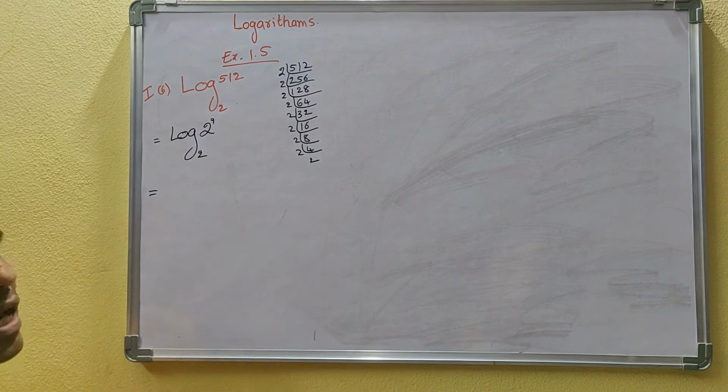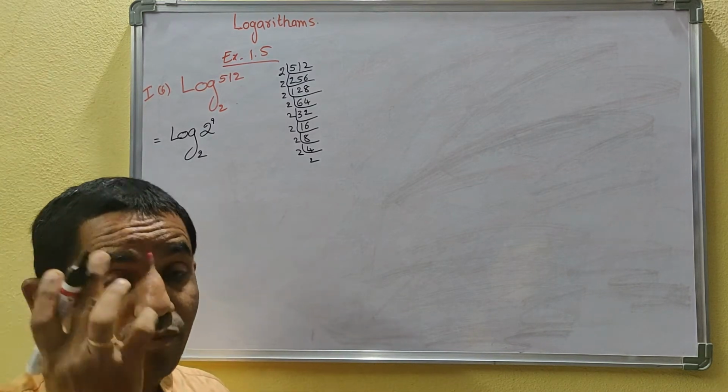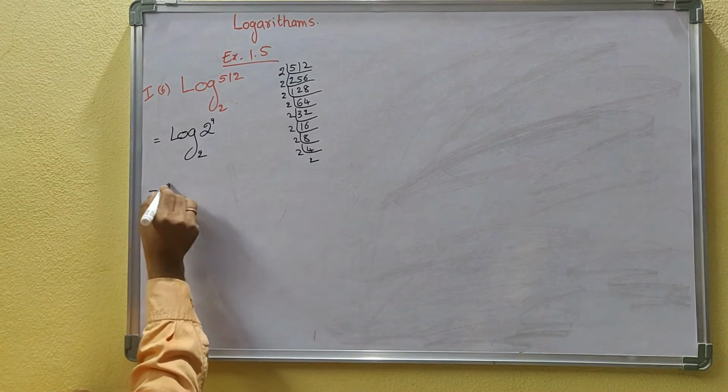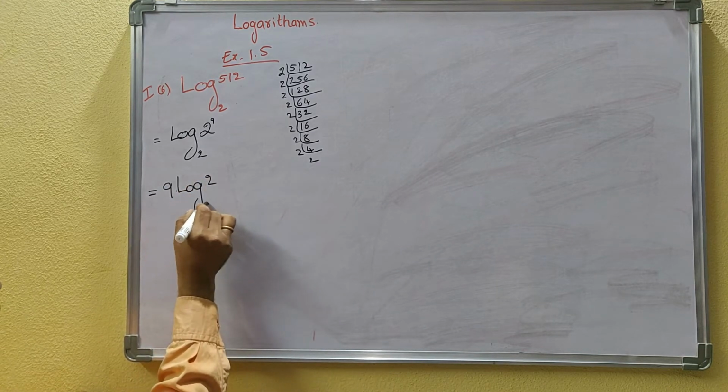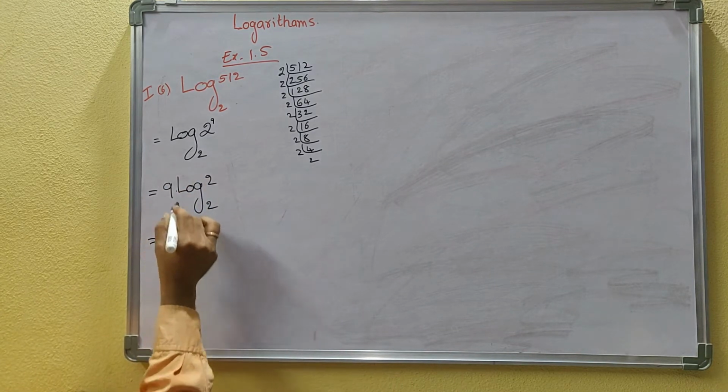We have one formula, log a to the power of m is equal to m into log a, meaning here 9 into log 2 base 2, and log 2 base 2 has value 1. So 9 into 1 is equal to 9. Therefore log 512 base 2 is equal to 9. First of all, find the factors of 512. It can be written as 2 to the power of 9, so log 2 to the power of 9 base 2 is equal to 9 into log 2 base 2.